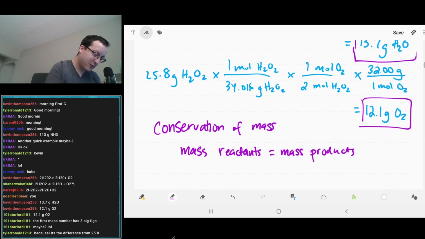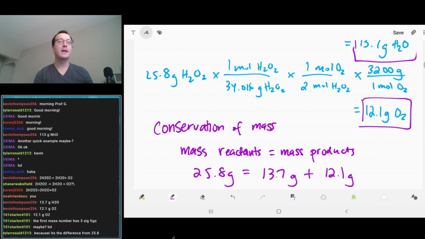So, we started with 25.8 grams, and that better be equal to 13.7 plus 12.1 grams.